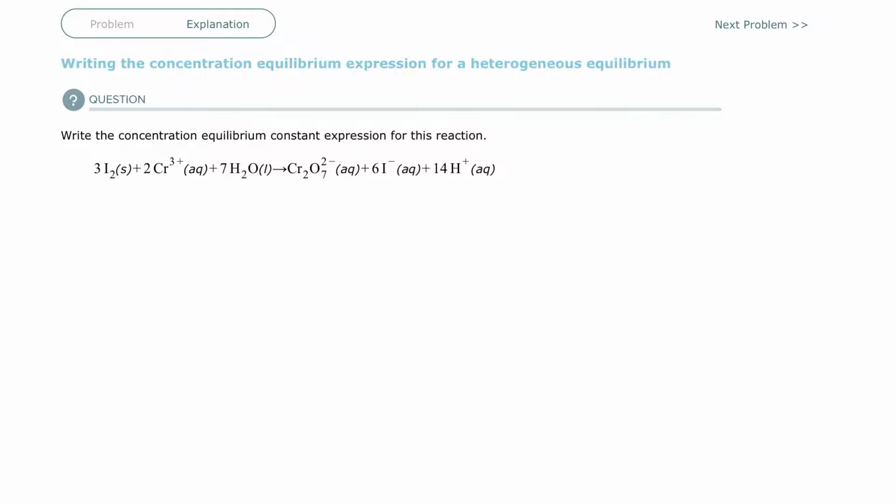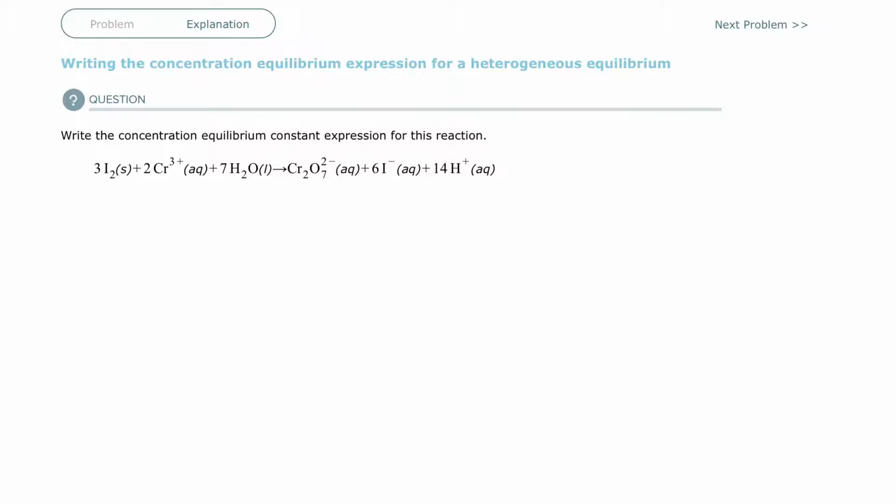Everything else, you put a concentration with the products on top in brackets showing that it's the molarity raised to the coefficient that you see in the balanced equation, all multiplied together, divided by all of the reactants raised to its coefficient on the bottom. But I only want you to include gases. If you have solids or liquids, act like they're not there.